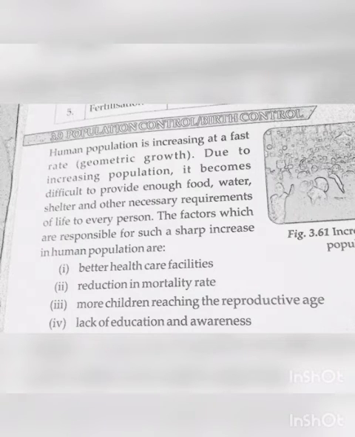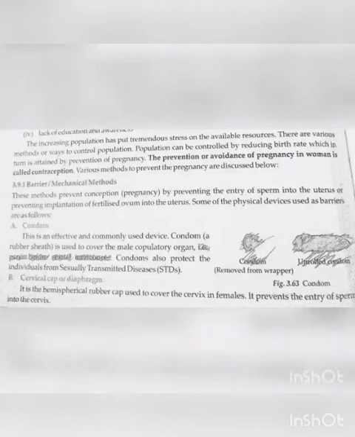The factors responsible for such a sharp increase in human population are better health care facilities, reduction in mortality rate, more children reaching the reproductive age, and lack of education and awareness. The increasing population has put tremendous stress on the available resources.